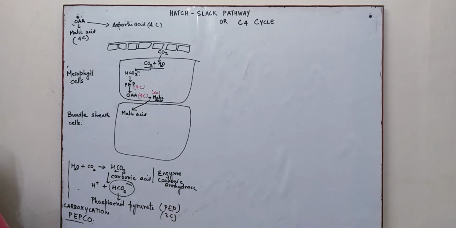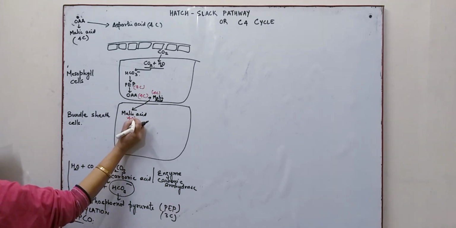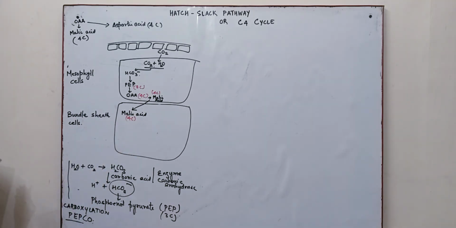Malic acid has how many carbons? 4 carbons. It enters over here. Now this 4-carbon atom compound dissociates into a 3-carbon atom compound, and one carbon is given as carbon dioxide.